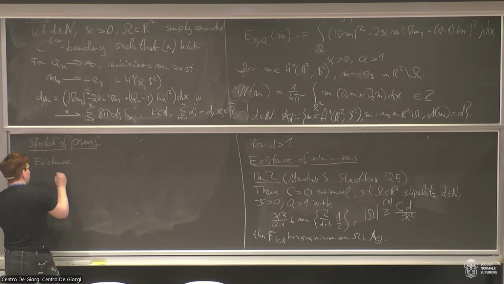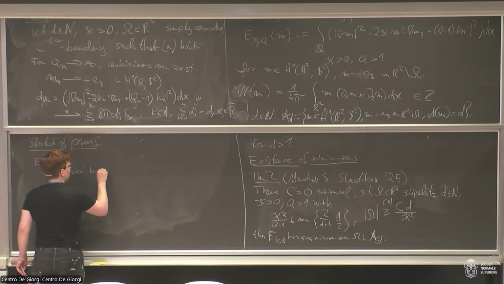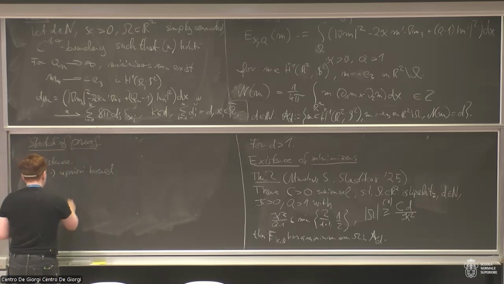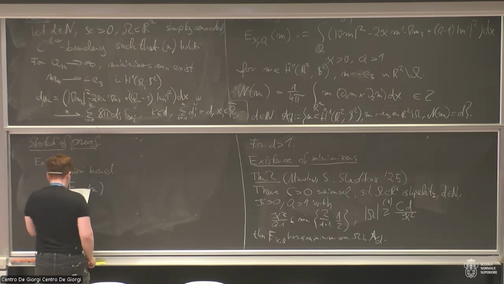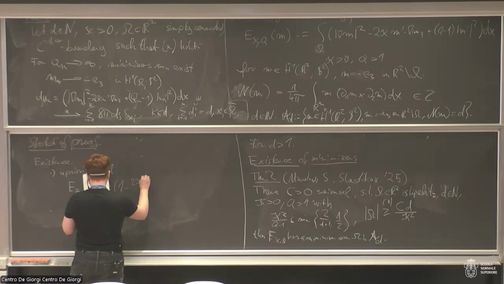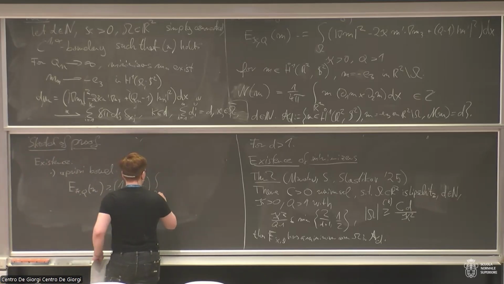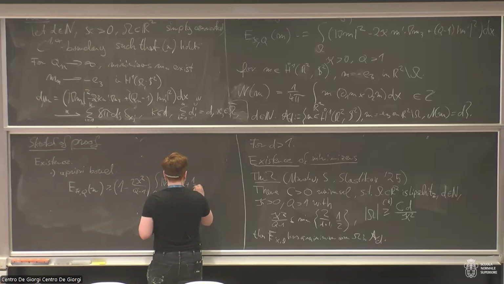You need an a priori bound, which in this case boils down to the statement that the energy is bounded from below by 1 minus 2 kappa squared q minus 1 times the Dirichlet, so exchange energy, plus 1/2 anisotropy.